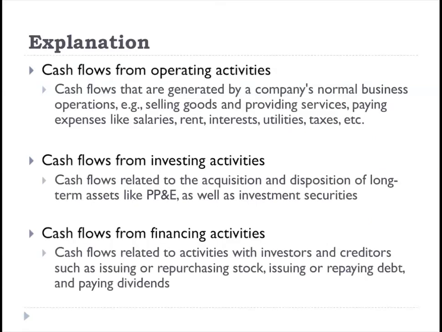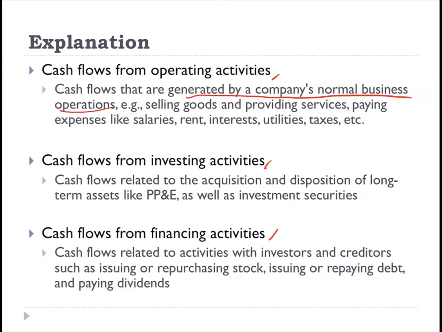And here are just some more detailed explanations. We already talked about it. We have three kinds of activities. Cash flow from operating activity is mostly generated by the firm's normal business operation, like the sale of goods and provision of service. And in order to do that, the firm may have some expenses.